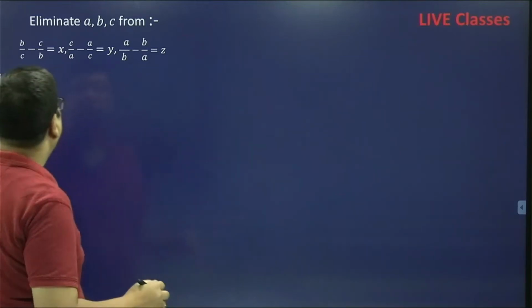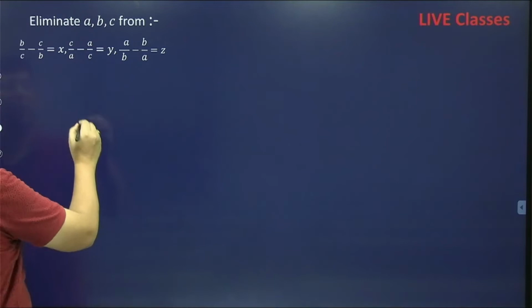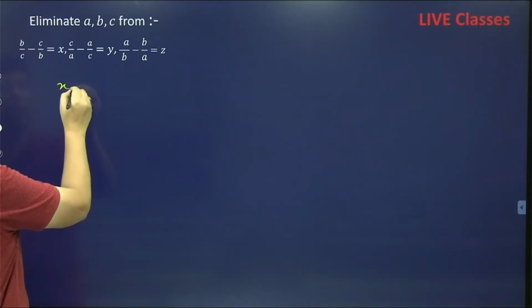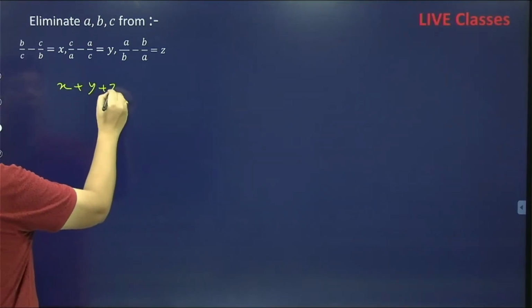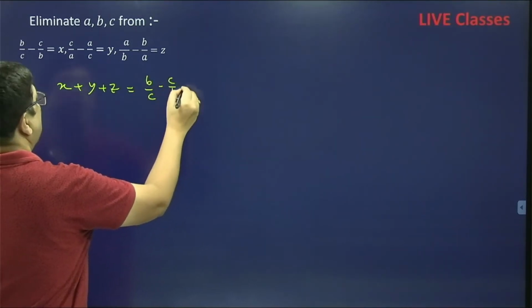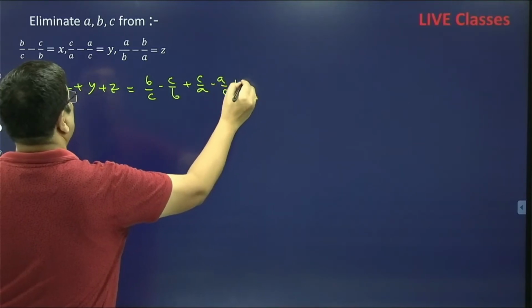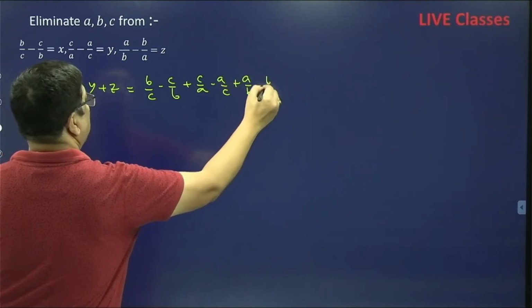Just see. First of all, x equal to b by c minus c by b. So if we add x plus y plus z, we are getting b by c minus c by b plus c by a minus a by c plus a by b minus b by a.